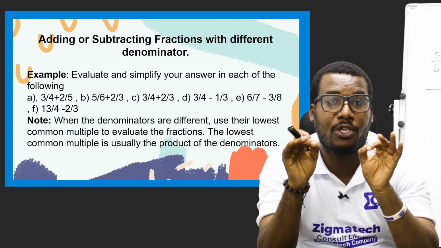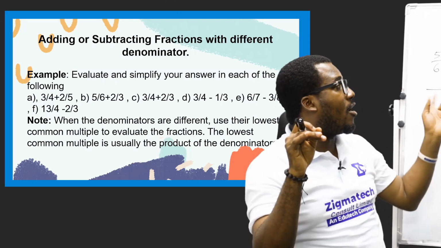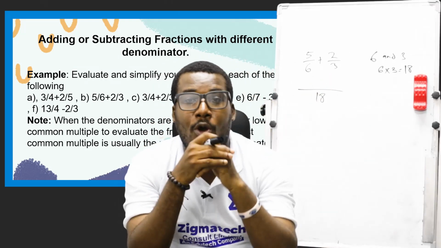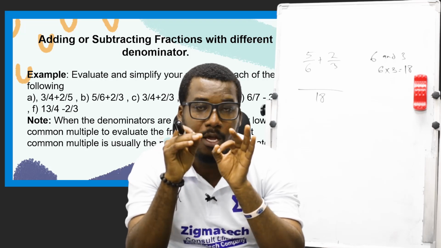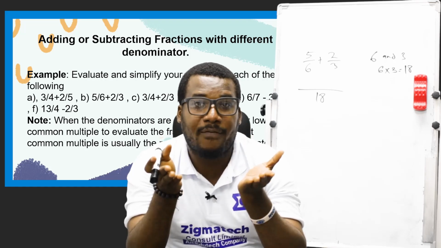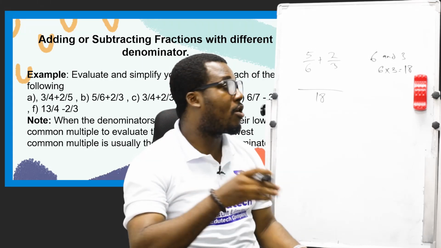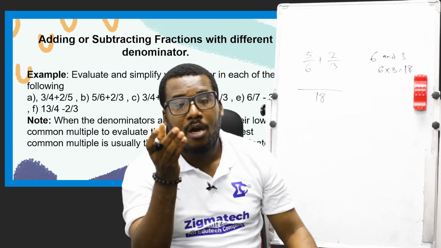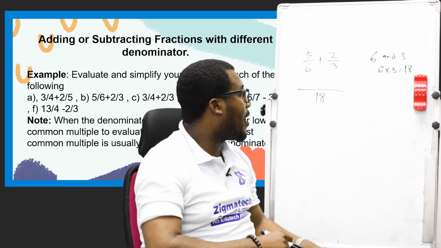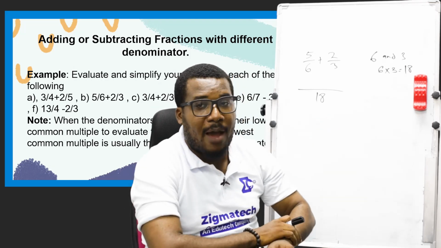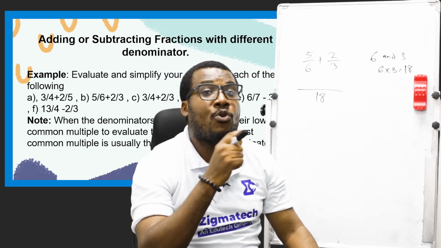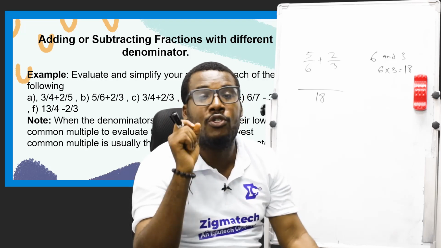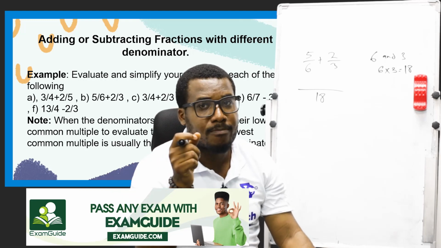There are some questions where just using what can go between both of them may not work aright, and in that case, you might be confused. Better safe than sorry. So use the method of either the LCM or the multiple method. So in this case, I'm using 18. And if you use the LCM, you'll find out that you will get the exact same thing you got when you do your multiple method.